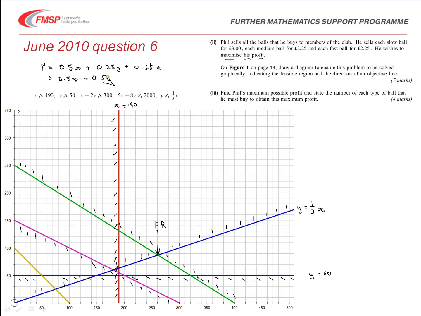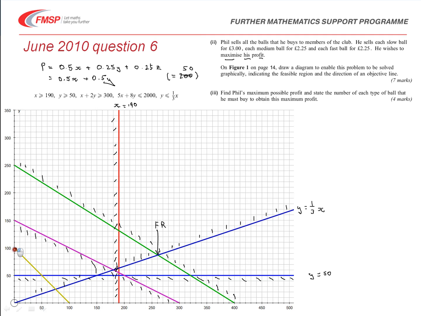So the x and the y values, we can see that the line 0.5x plus 0.5y, we can put equal to any particular value, so we could put this equal to, let's say, 50. So if x is 0, y would be 100, and if y was 0, x would be 100.